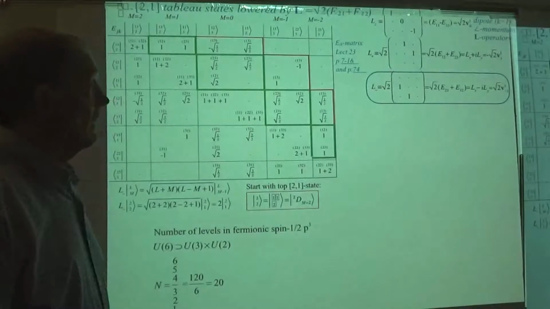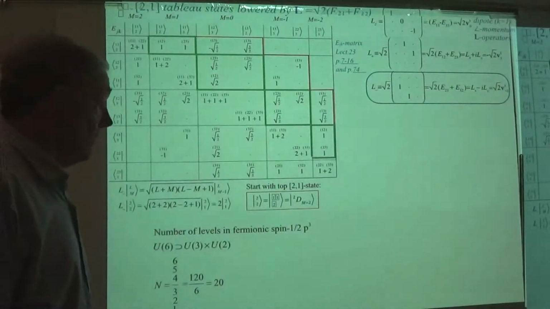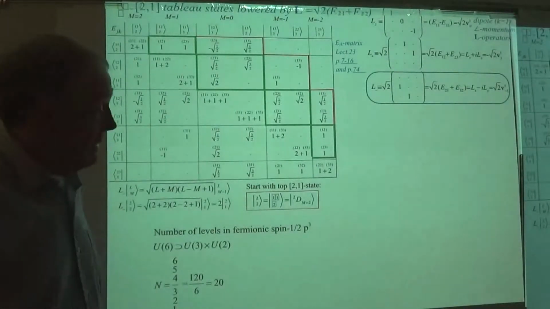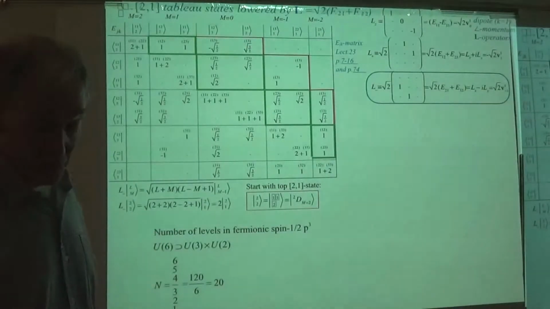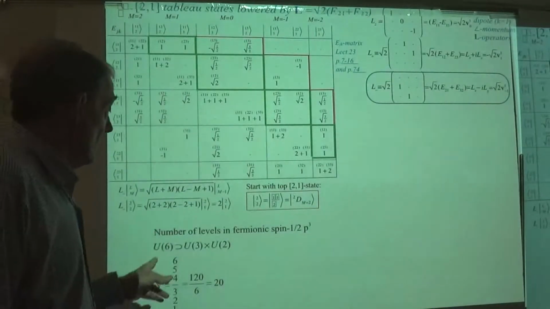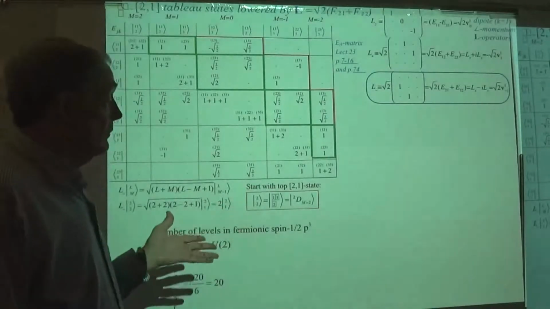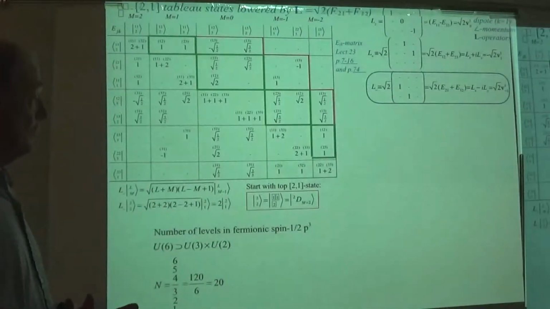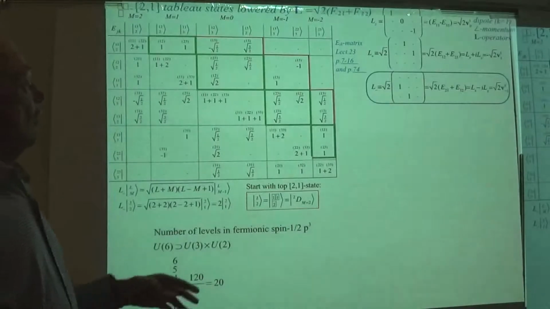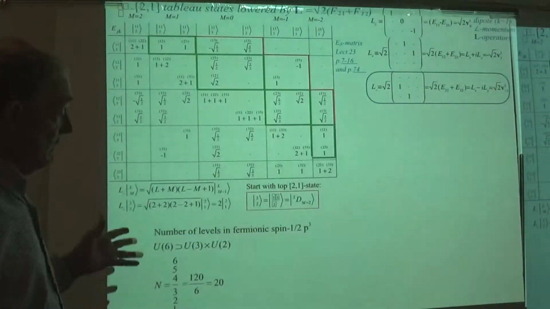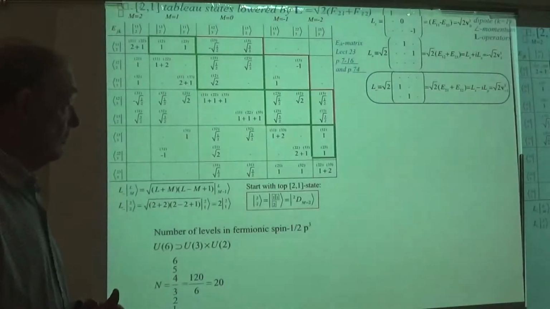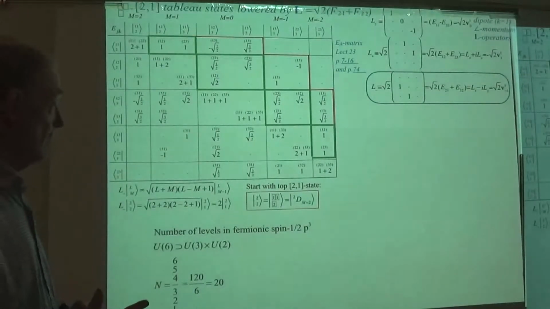Now before I begin, there's something here that isn't on what you've just downloaded: these little statements that I put on pages 1, 2, and 3. First of all, the number of levels that we're dealing with for this model of nitrogen P cubed configuration can be easily calculated using the hook length formula.